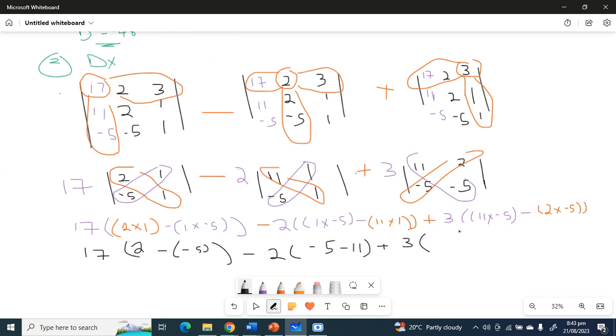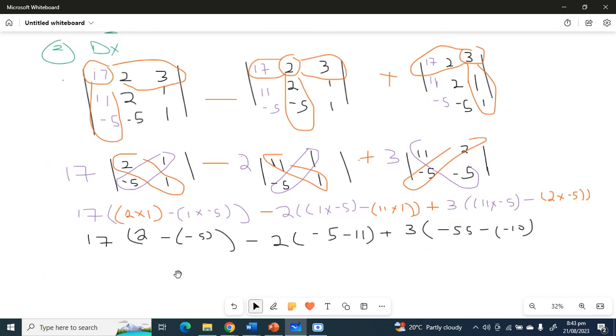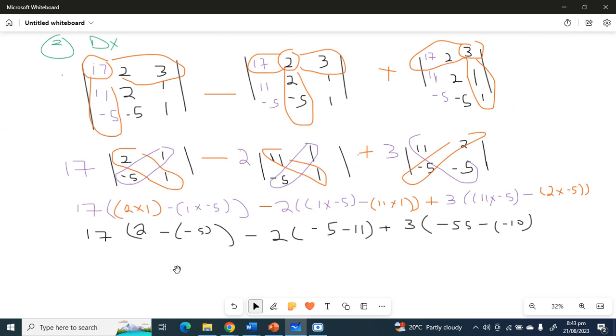Then 11 times negative 5, that's negative 55, minus 2 times negative 5, that's negative 10. So this question in the exam, I think it should be one of the last questions, because it's big. The operation is very big. So if you are taking your time, unfortunately, you find a lot of time would have passed as you're doing.